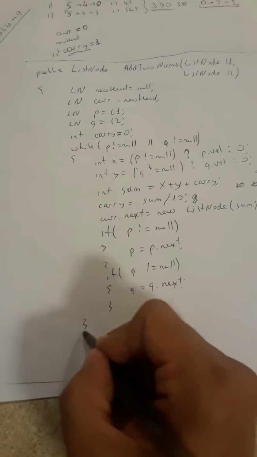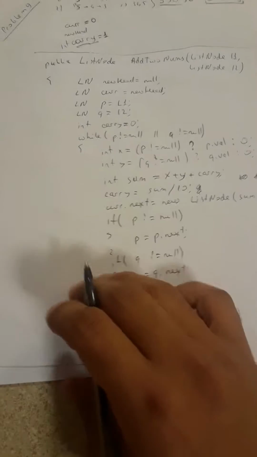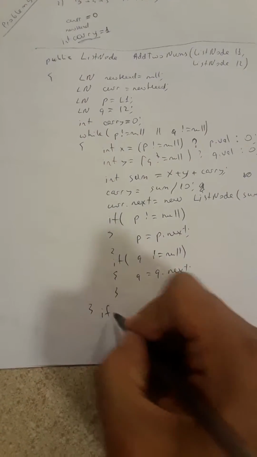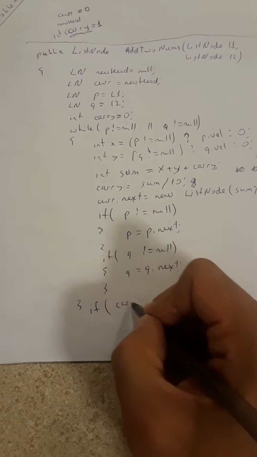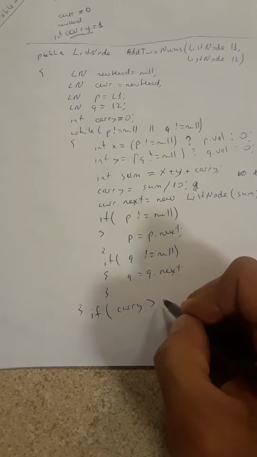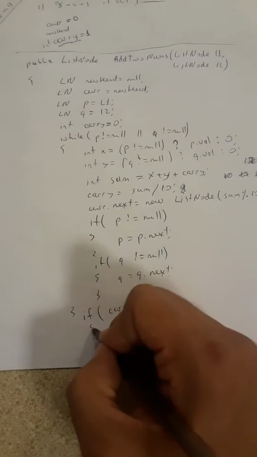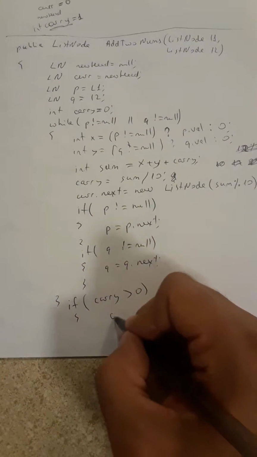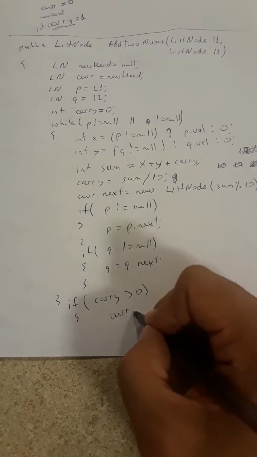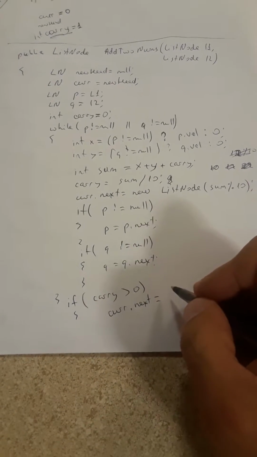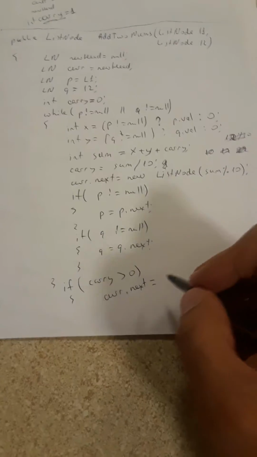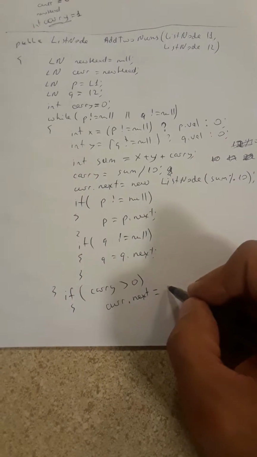After that, we will check if we still have anything in our carry variable. If our carry is not equal to 0, we will make sure that this number goes to the end of our linked list.